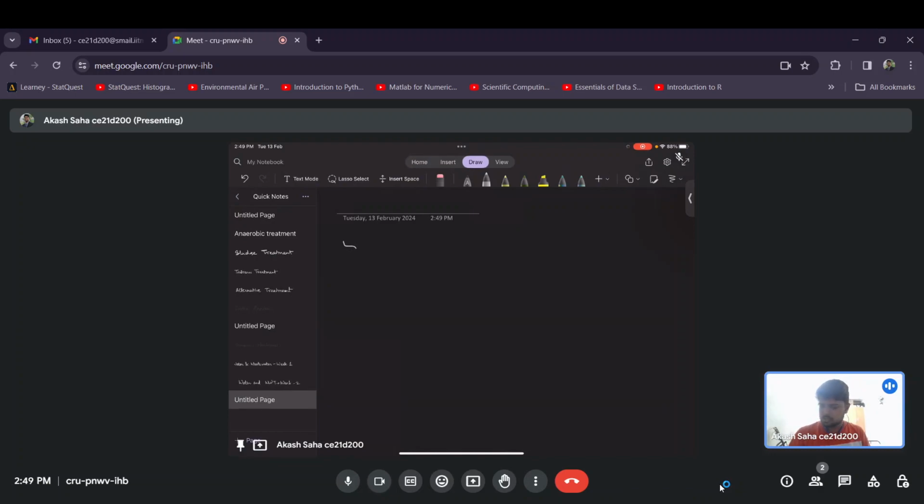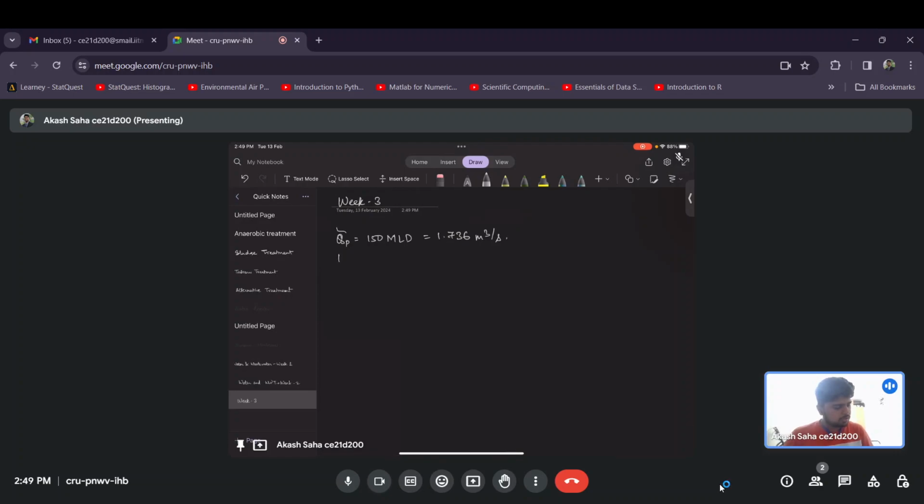Okay, so we'll see how to solve this problem. So this is week 3. So what were all the given data? So we have the Q peak as 150 MLD, or we can say it as 1.736 meter cube per second.